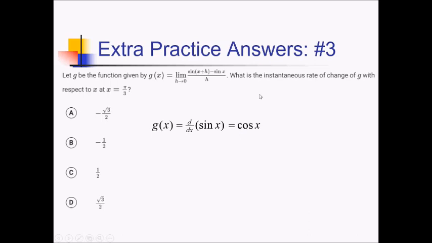Now they actually want us to take the instantaneous rate of change, the derivative of g, with respect to x at pi over 3. So we have to actually go one more derivative here. Derivative of cosine of x is going to be negative sine of x. And now if I plug pi over 3 into that, that's going to be negative radical 3 over 2. Okay, so that's going to be choice A.